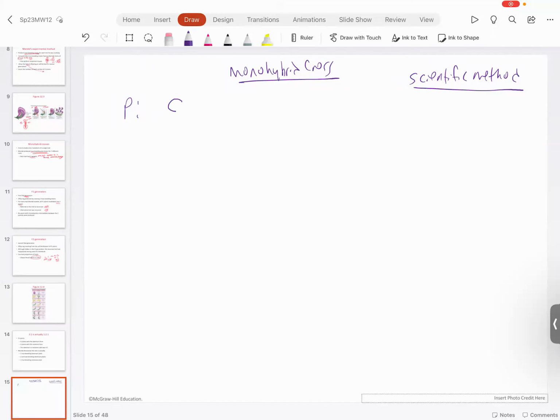And so basically what he did is he took a true breeder for purple, and he crossed it to a true breeder for white. Now, I don't want you to cheat ahead.